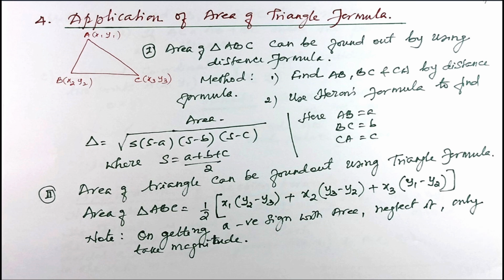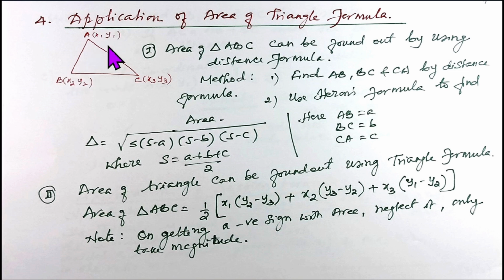In the second method, we can use the area of triangle formula. We are given a triangle ABC, where A (x1, y1), B (x2, y2) and C (x3, y3) are the coordinates of the triangle. The area of triangle ABC is equal to half of the bracket x1(y2 minus y3) plus x2(y3 minus y1) plus x3(y1 minus y2). Substitute the values of x1, x2, x3 and y1, y2, y3 in this formula to get the area of the triangle ABC whose vertices are given.